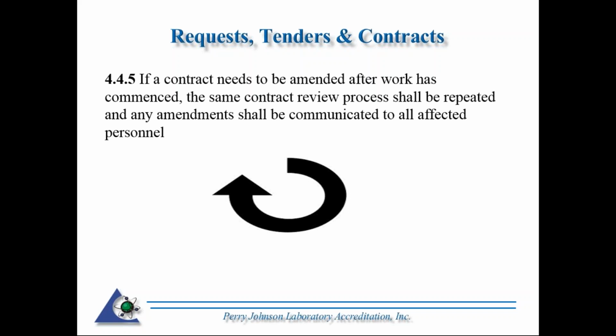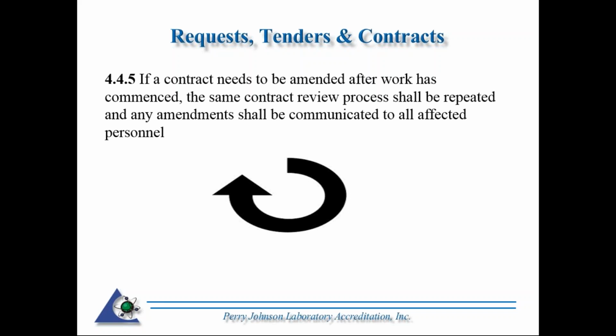All right, the very last requirement stated in 4.4.5, if a contract needs to be amended after work has started, the same contract review process shall be repeated and any amendments shall be communicated to all affected personnel.